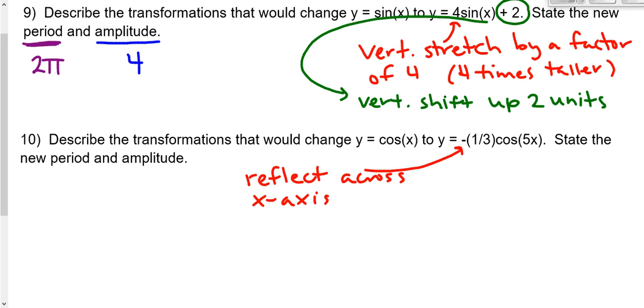Then notice that we have the 1/3 here. We're multiplying the function by 1/3, just like in number 9, we multiplied the function by 4. Multiplying by 4 made it 4 times taller. Multiplying by 1/3 is going to make it 3 times shorter. So that's going to be a vertical shrink. It's going to be 1/3 as tall as it used to be. So we say it's a vertical shrink by a factor of 3.